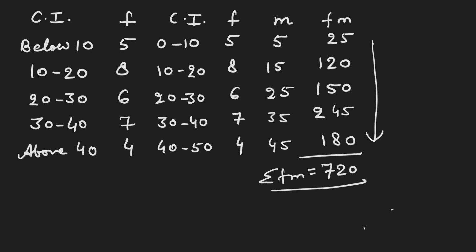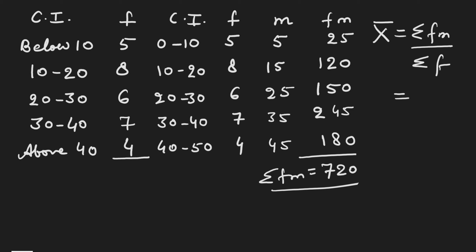So this is our fm, and now we will put the formula, which is x bar equals summation fm upon summation f. For that we have to calculate summation f, which in this case will be 30.